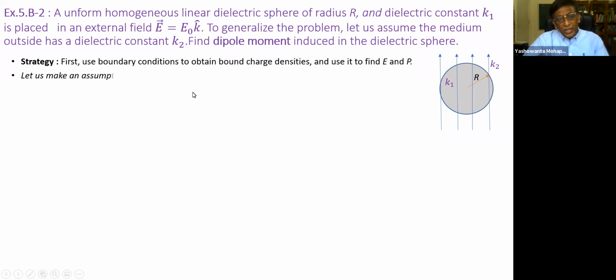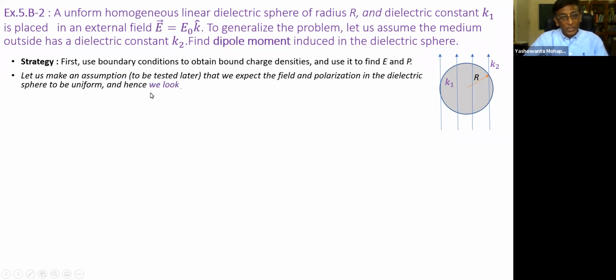So let us make an assumption, which you can test later, that we expect the field and polarization in the dielectric sphere to be uniform. Hence, we look for sigma b at the surface, and rho b is equal to 0, since it is a linear homogeneous dielectric and there is no embedded free charge in it.